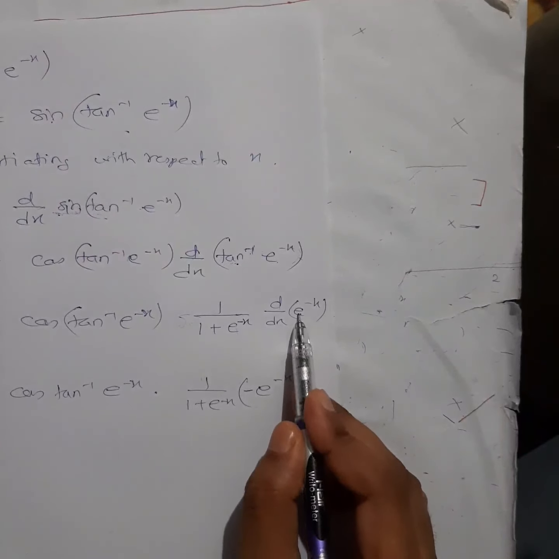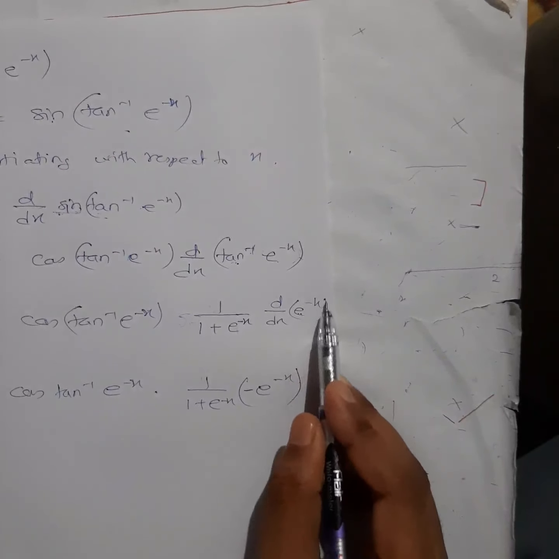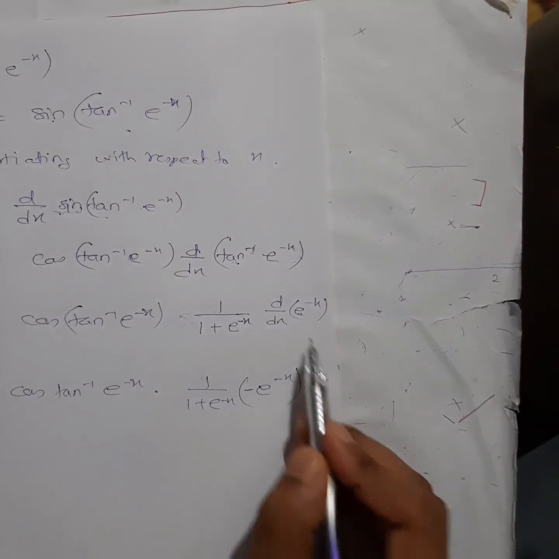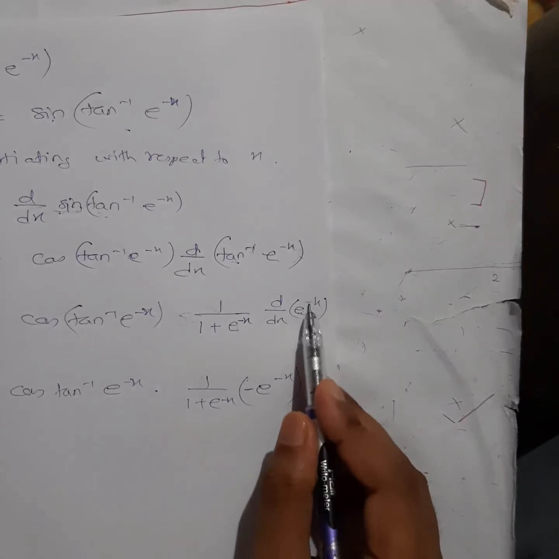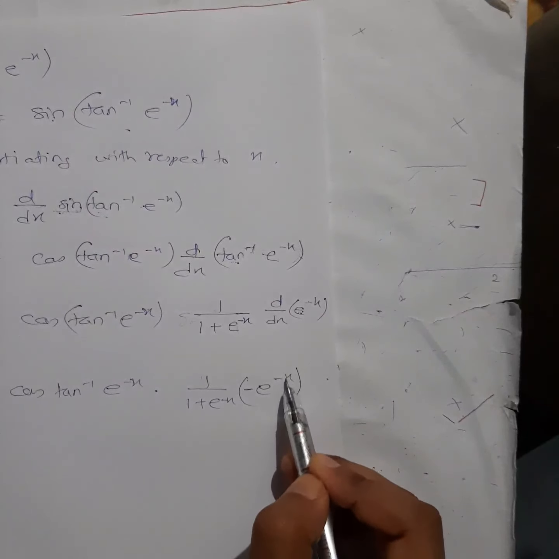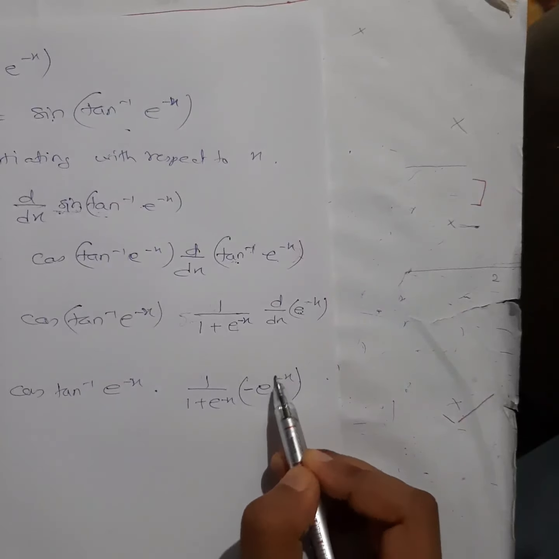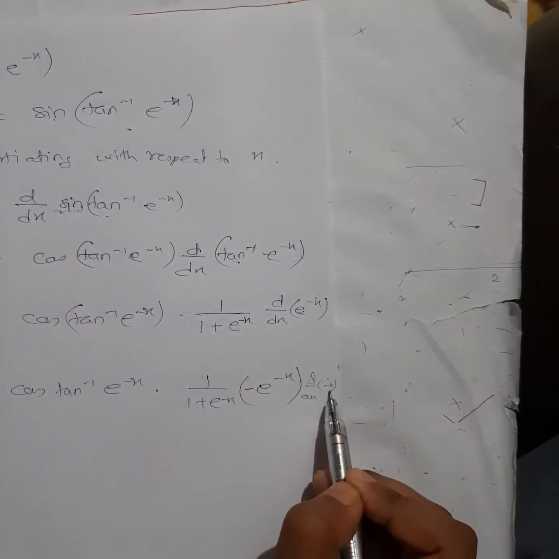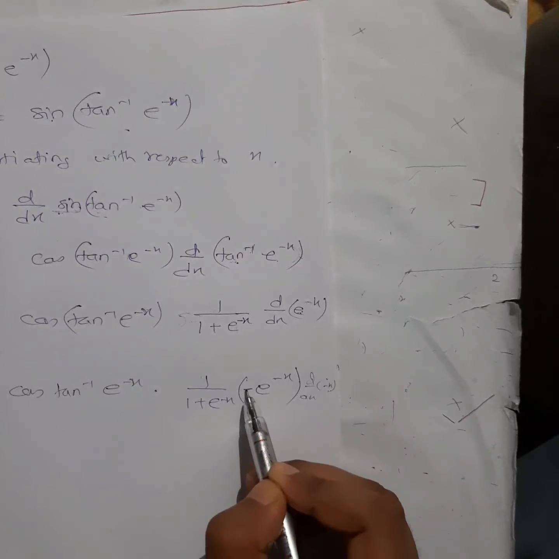This is of the form e to the power x, but in place of x you have minus x, so minus x you have to differentiate again. e to the power x form, what is the differentiation? e to the power x only. So same thing I have written. Then in place of x you have minus x, so you differentiate minus x again, and you will get minus 1.